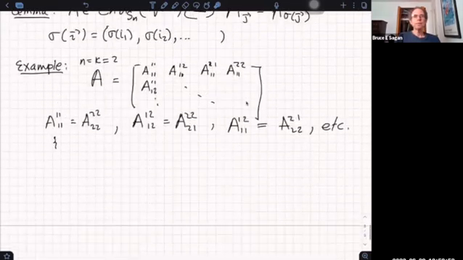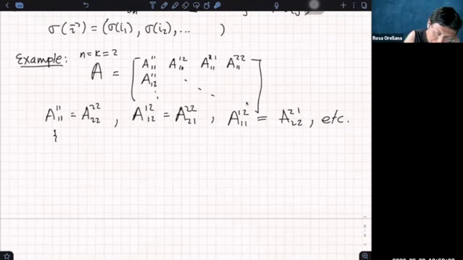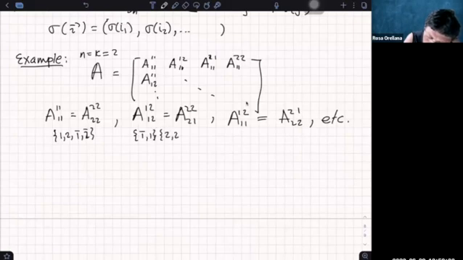Okay, good. So now I can write something like this. This is a set partition where all of them are equal. This is the set partition where 1 bar and 1 are equal, and 2 and 2 bar are equal.